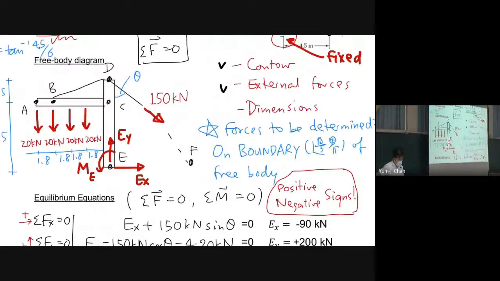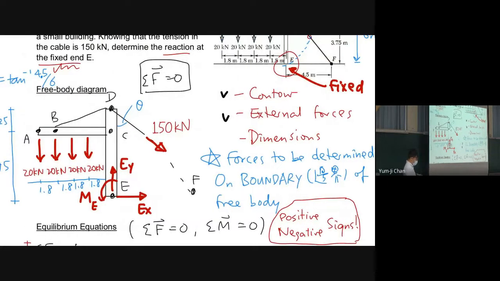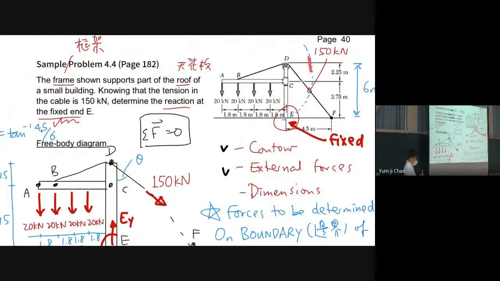In the problem, we have the free body defined like this, right? But you may say, oh, we have tension. Tension of the cable is 150 kilonewton, and of course, the tension here is also 100 kilonewton, for example.